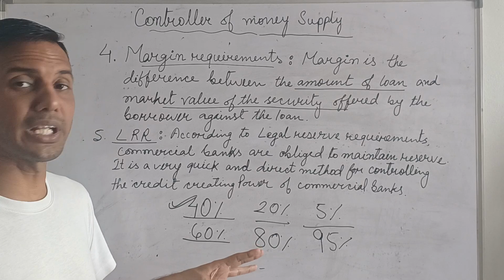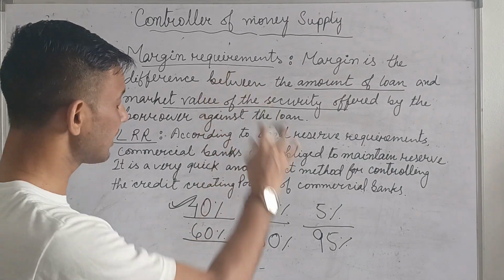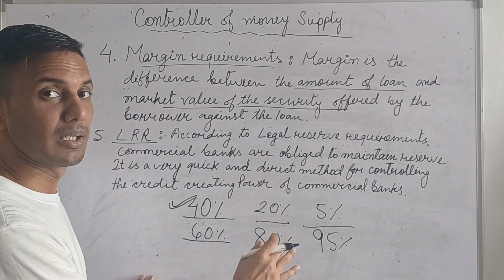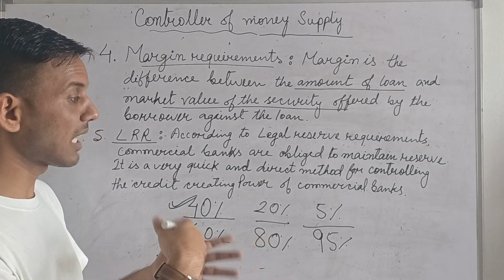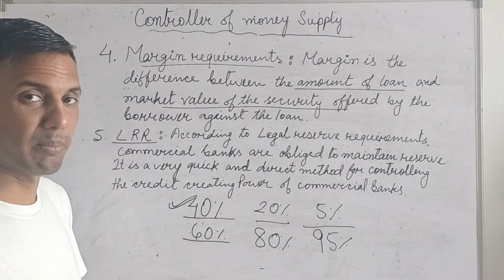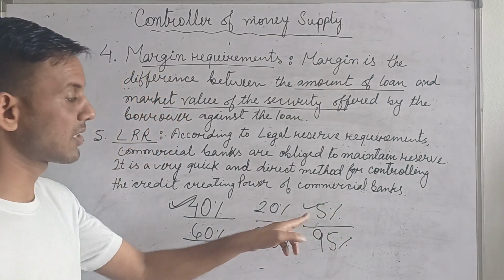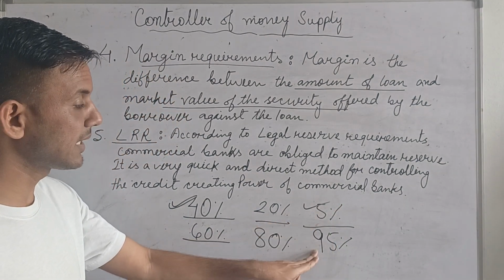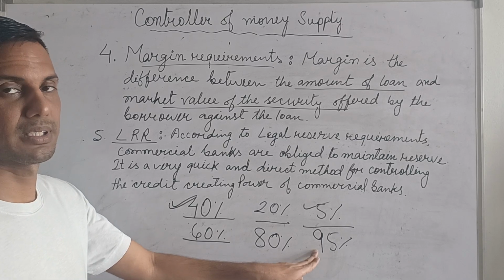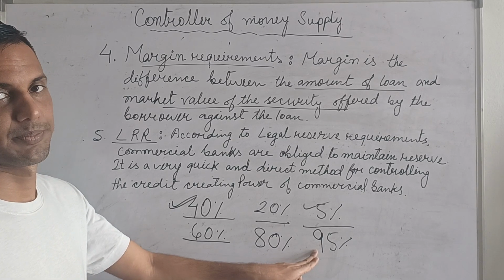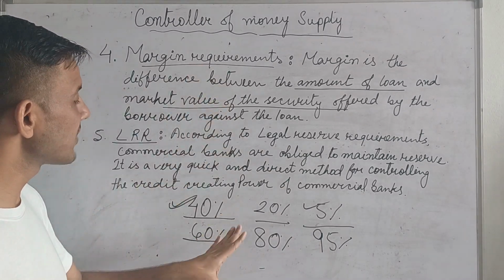And when deflation is there, the margin requirement ordered by the Reserve Bank of India will be less, like 5%. Then they can give 95% as a loan. So this is called the margin requirement.